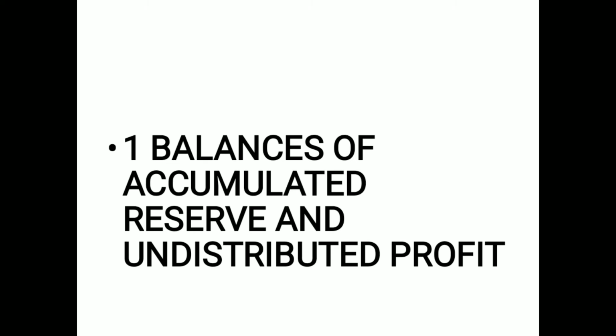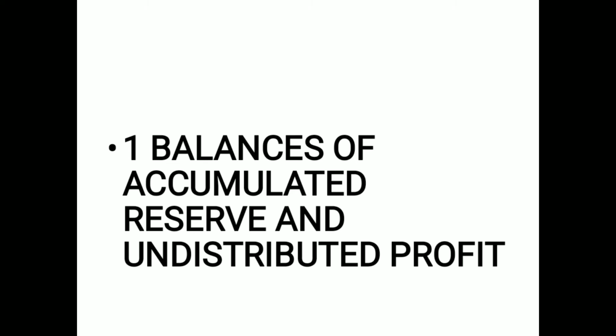Okay, it says balances of accumulated reserve and undistributed profit. Please understand. You've understood chapter 5 and chapter 6.